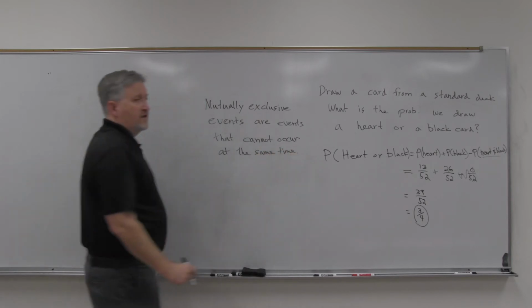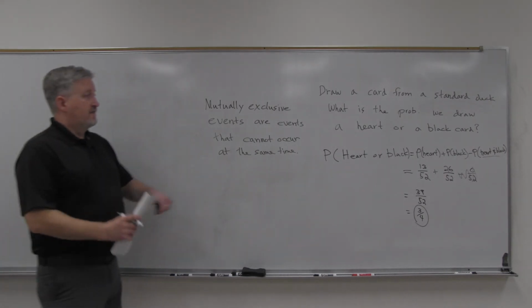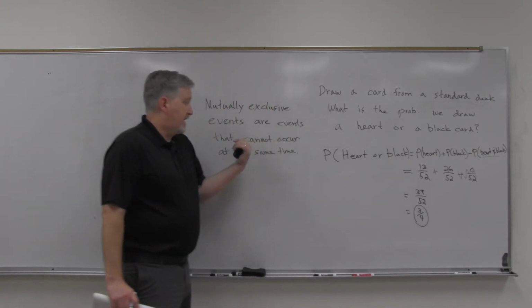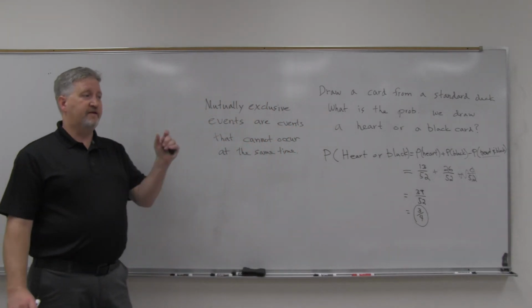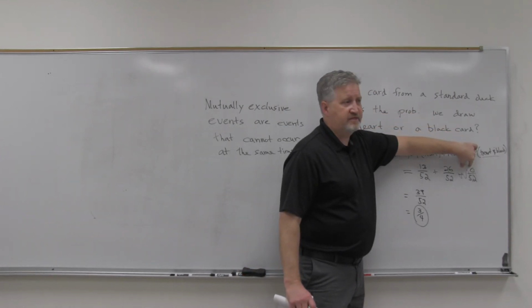One other note is that if you have mutually exclusive events, the probability that both occur at the same time is 0, since they can't occur at the same time. So anytime you have mutually exclusive events, this part will be 0.